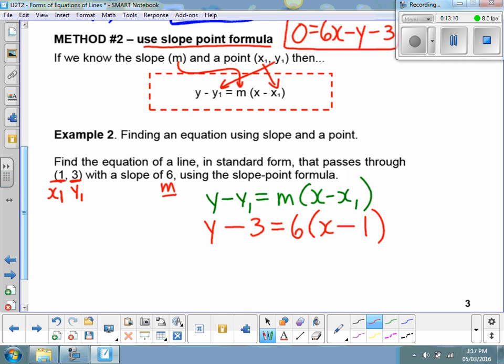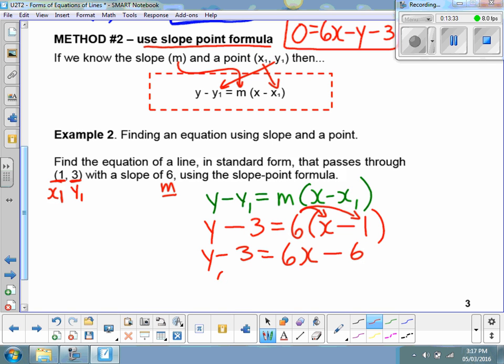And now I just need to get rid of the bracket, so I'm going to distribute the 6 inside the bracket, and then I'll put it in standard form. So it's going to be y minus 3, and I multiply the 6 inside. 6 times x is 6x, and 6 times -1 is -6.